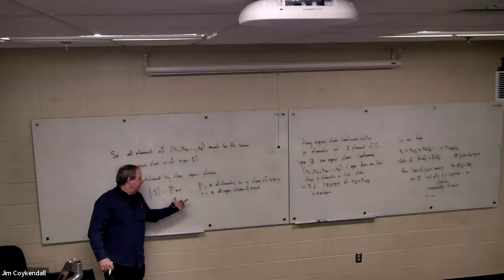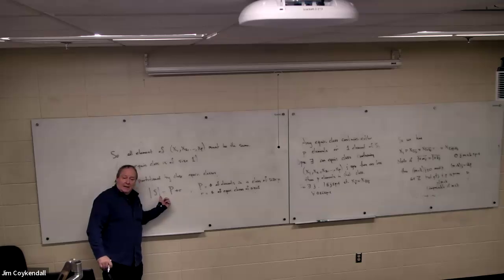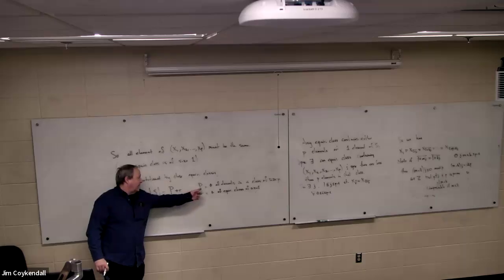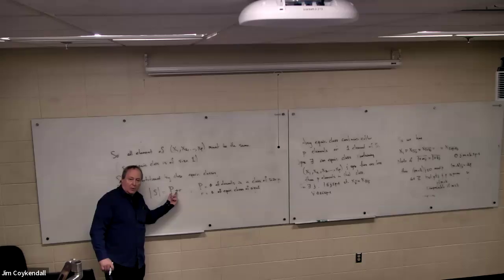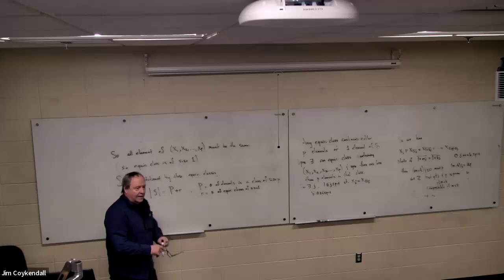So every element in S goes into one of these categories, right? It either comes from an equivalence class of size P, and so there's a multiple of P for every one of those equivalence classes, or it comes from an equivalence class of size 1. And of course, each equivalence class of size 1 has only 1 element.